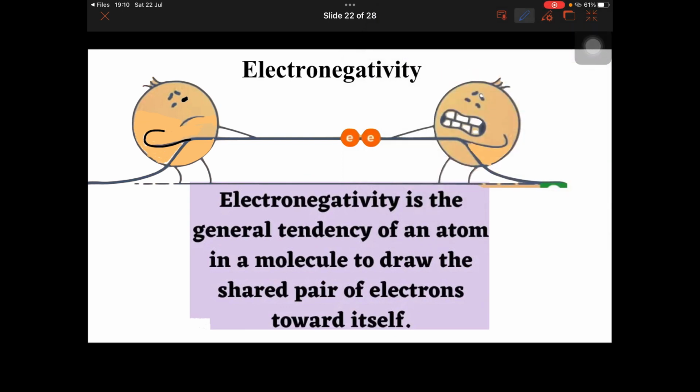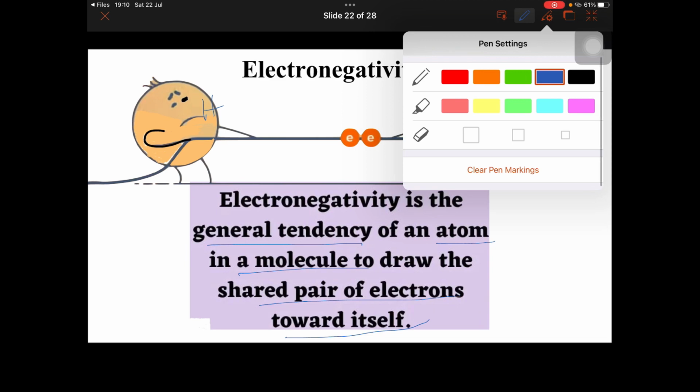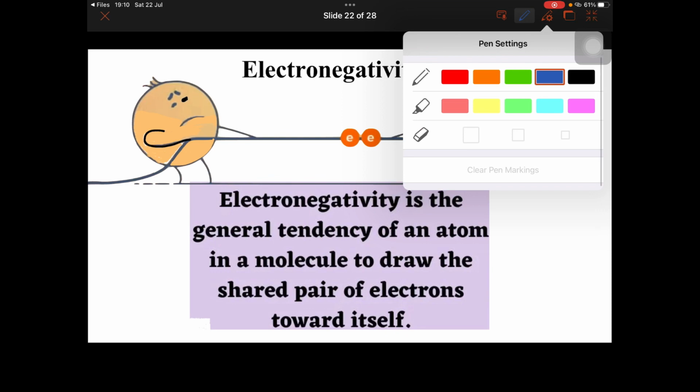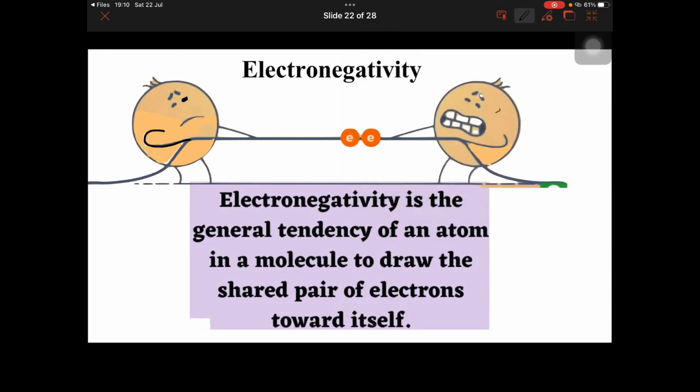Now we will just read the definition. It is the general tendency of an atom in a molecule to draw the shared pair of electrons towards itself. You just say this is the chlorine atom and this is the hydrogen atom.